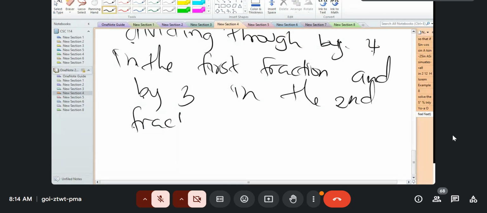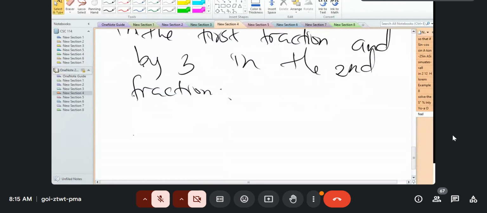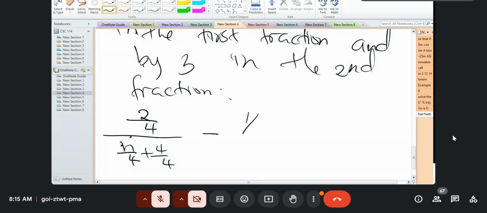The second fraction, once you communicate, you have to perform what you're talking about. So you're dividing through by 4. 2 divided by 4, that's the numerator for the first, over h over 4 plus 4 over 4, minus, here we're dividing by 3, 1 over 3 over h over 3 plus 3 over 3.